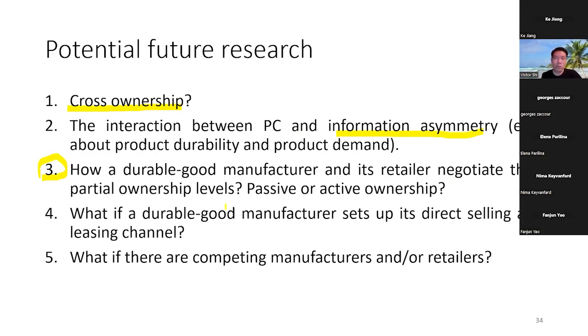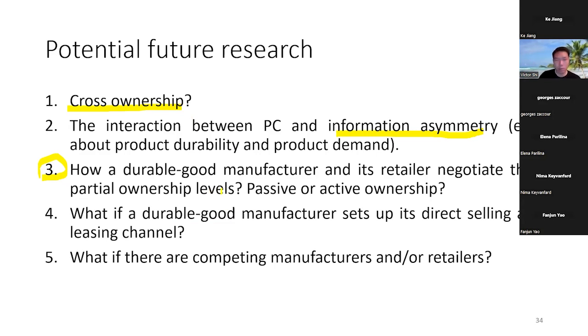In this research we say there's an optimal ownership share, but in reality, when two firms try to own a part of each other, there are lots of considerations. We don't know what the main issues will be when you negotiate these ownership levels.